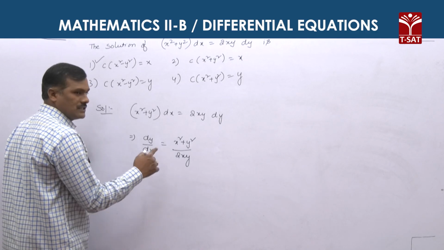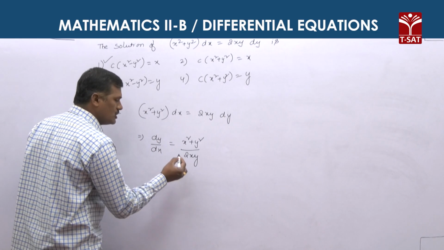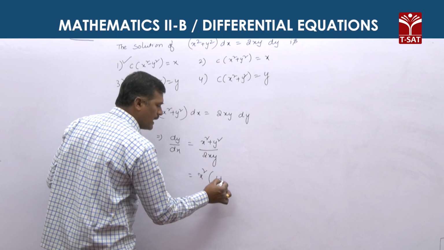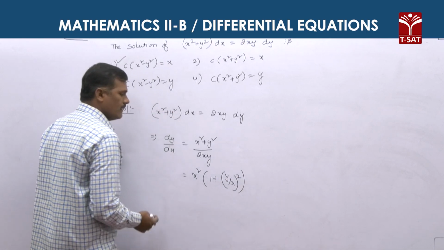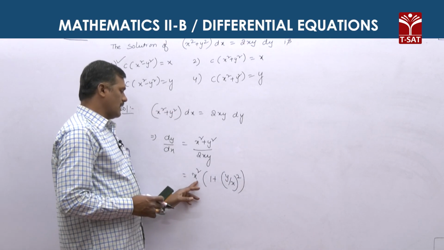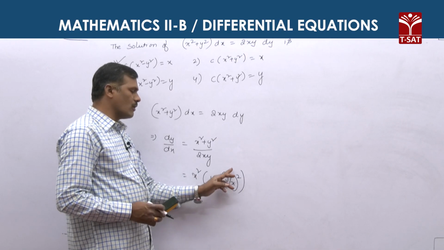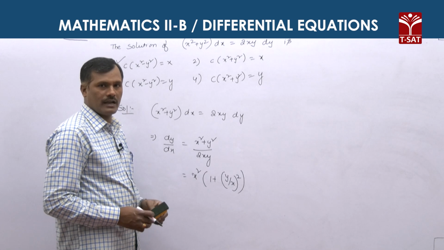Convert this homogeneous equation into either dy by dx is equal to x power n into g of y by x. That's why you can take x square common in the numerator: 1 plus y by x whole square. If you multiply x square into 1, x square plus x square into y by x whole square, the y square by x square will cancel, and you get the same numerator.